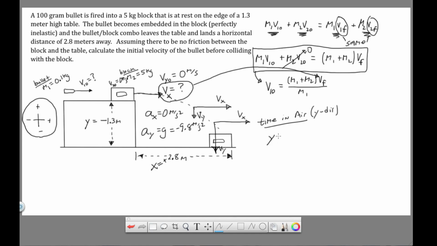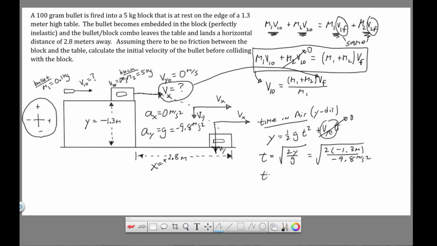The first kinematic equation is y equals 1/2 g t squared plus Vy initial t. Vy initial is 0, so we can solve for t. t is the square root of 2y over g. That's 2 times negative 1.3 divided by negative 9.8, which gives a time in the air of 0.51508 seconds.